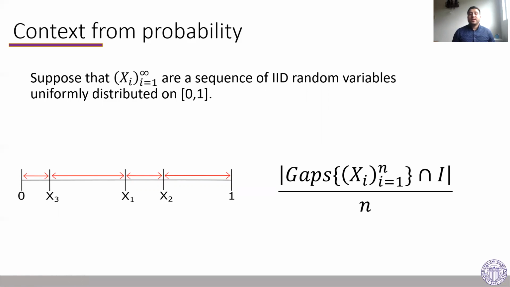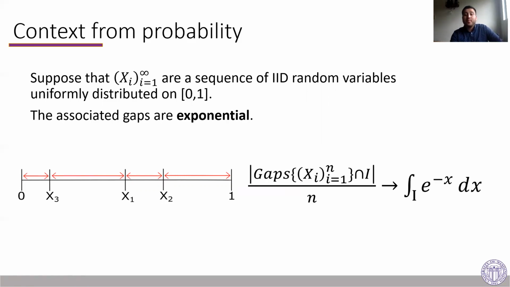And in this situation, the gap distribution for an IID sequence is going to tend to an exponential distribution, which is just to say the following. If I want to know the likelihood that I'm going to have gaps that land inside of my favorite interval I, all I have to do is integrate the function 1 over e to the x against that interval to find that proportion. All right, so this is what we would expect from a truly random sequence.